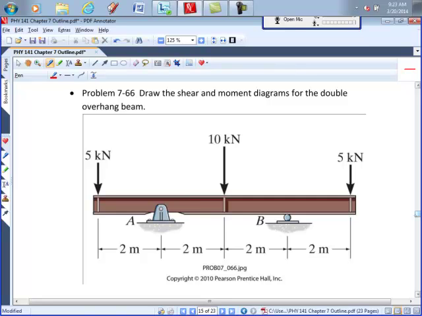So we could go through the process of writing the moment equation and everything, but if you can see the problem is symmetric, save yourself a little bit of time and just put in the reasoning. By symmetry, AY equals BY. Oh, and what about AX? AX is going to be equal to 0.